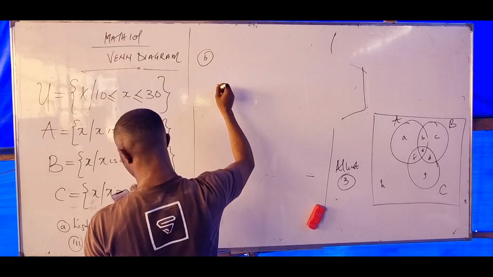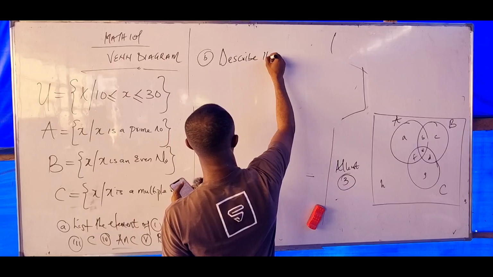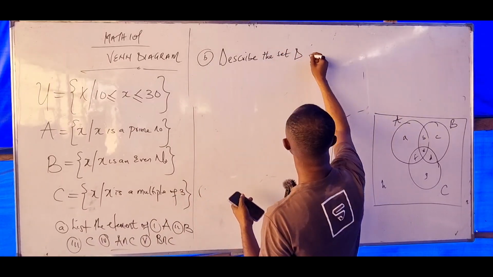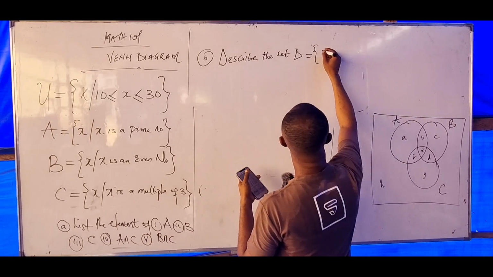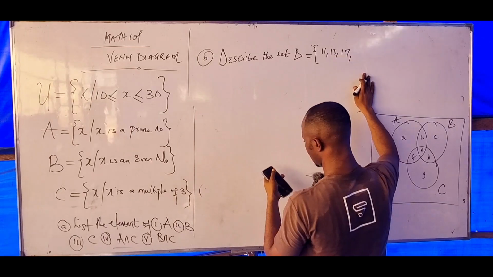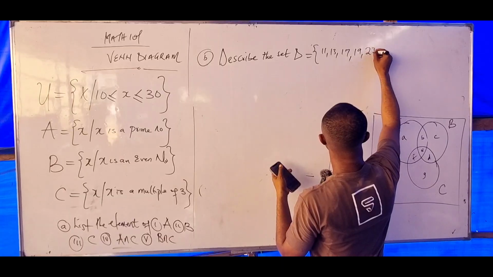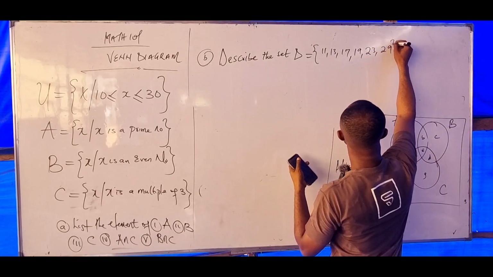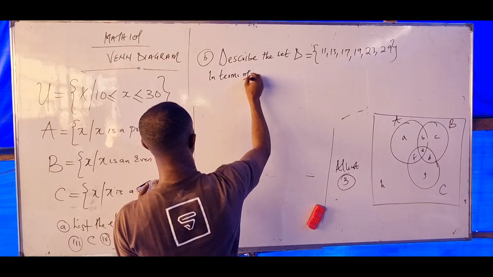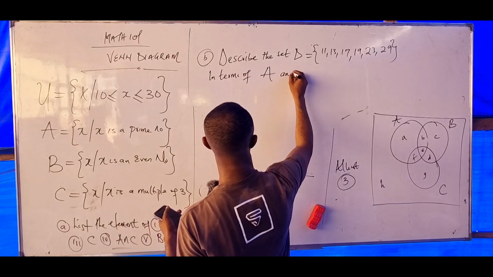Then the B part says, describe the set D equals 11, 13, 17, 19, 23, 29 in terms of A and B.